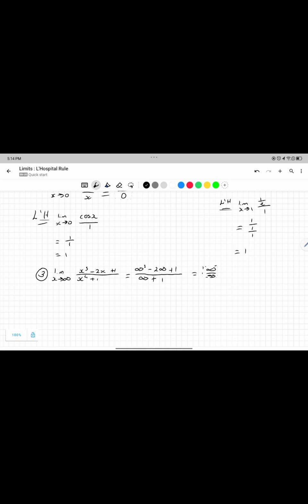It's the same infinity cubed subtracted by 2 times that infinity, if that makes sense. So that means we apply L'Hopital's rule.